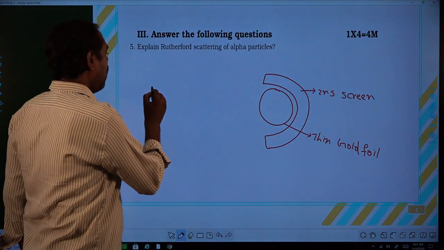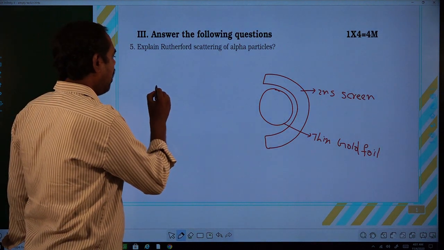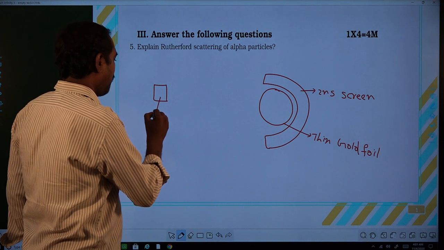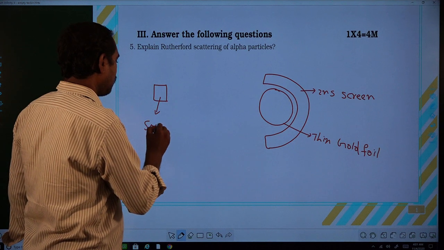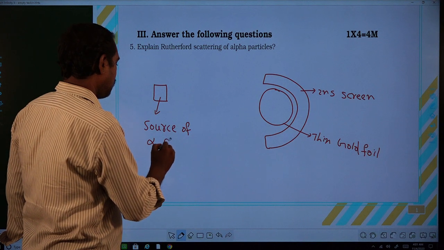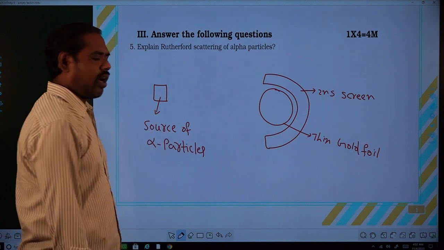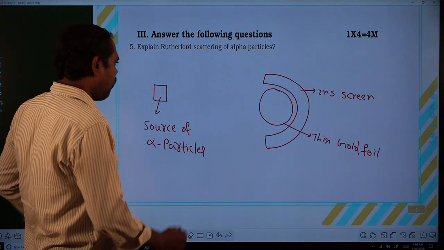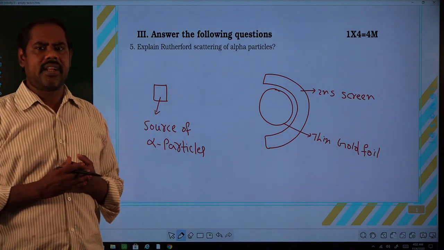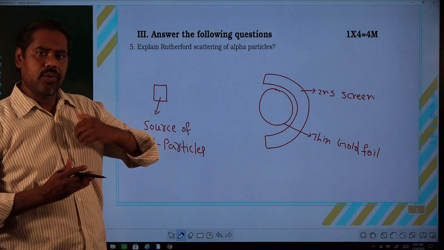Here he kept the alpha ray particle source. This is the source of alpha particles. He passed the alpha particles through the gold foil, and he observed that so many alpha particles pass through the gold foil from one side to the other side.